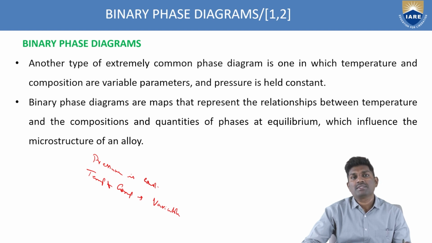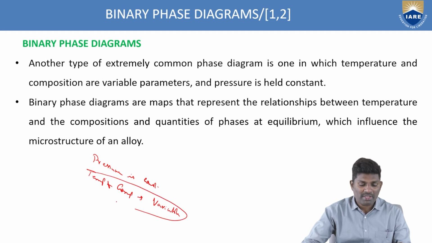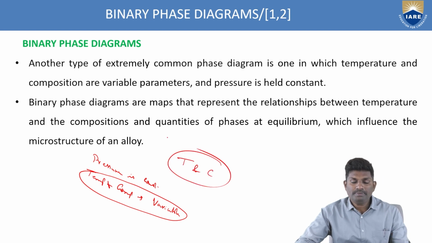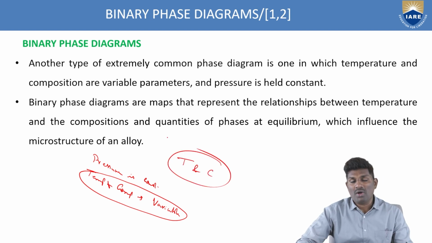So binary phase diagrams are maps that represent the relation between the temperature as well as the composition. Since these two are the variables here, what do we draw in the binary phase diagram? This describes the temperature as well as the composition, and how much quantity of each composition we have at what temperature. All these things can be studied with the help of the binary diagram.